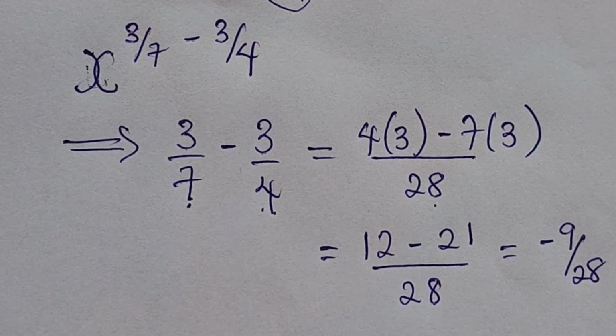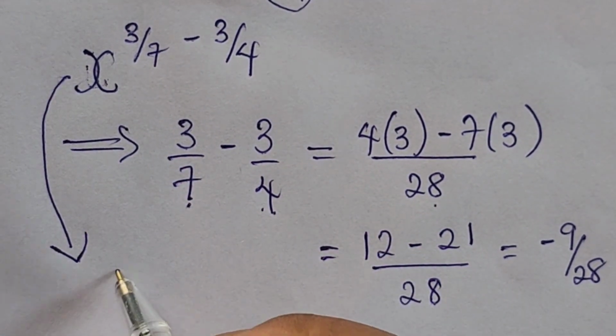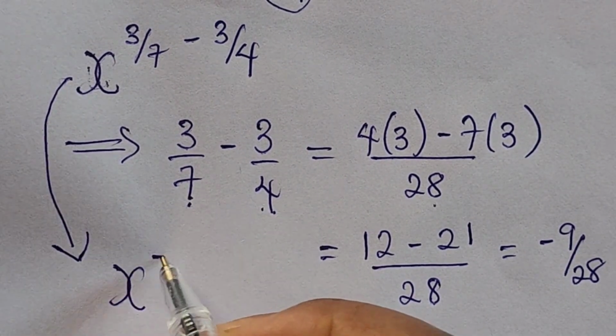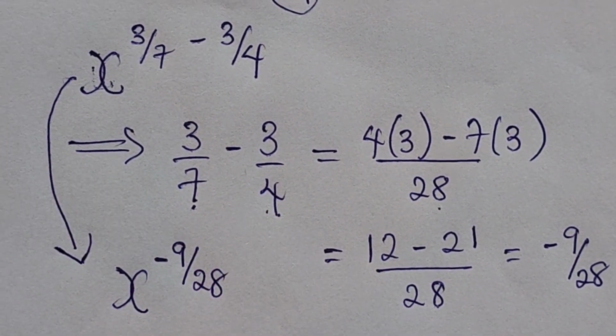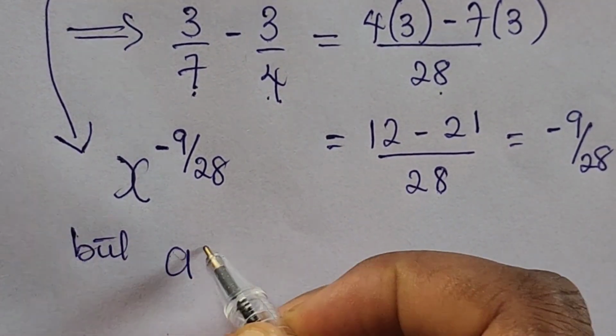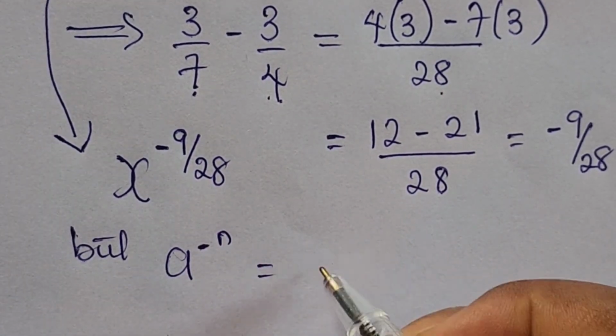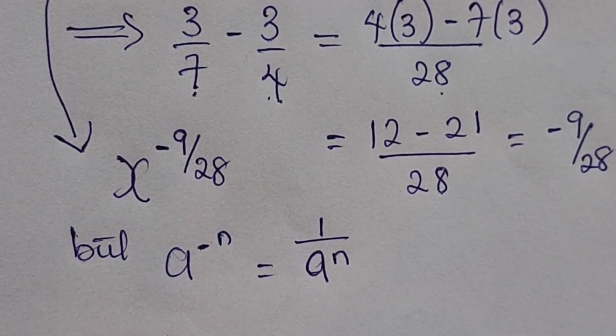So our x, we have that x to the power of minus 9 over 28. But a to the power of minus n is equal to 1 over a to the power of n.